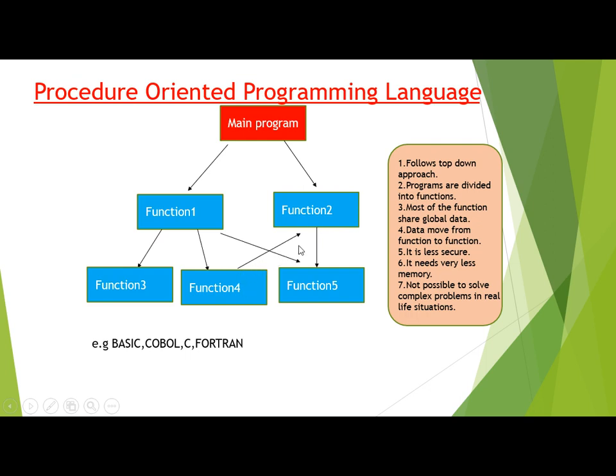Here you can see that this is calling function 2, which means that data will now be transferred from function 4 to function 2. Due to this type of movement of data, we also say that procedure oriented programming languages are less secure because here data is moving very freely.